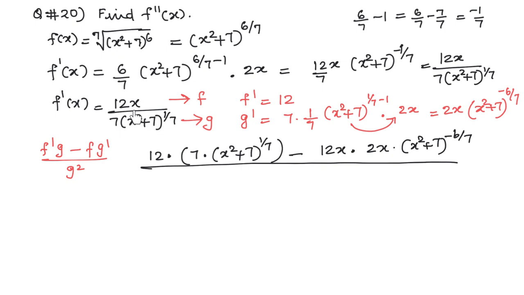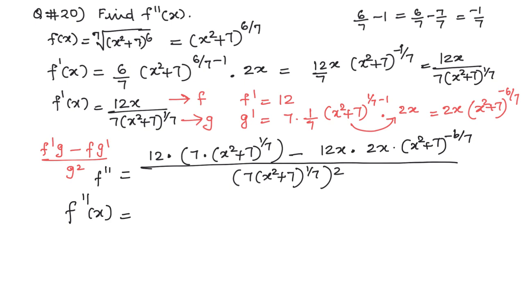So g is this one, so g square, 7 x square plus 7 power 1 over 7. Let me write that nicely. Okay, power 1 over 7 whole square. So this is the second derivative.